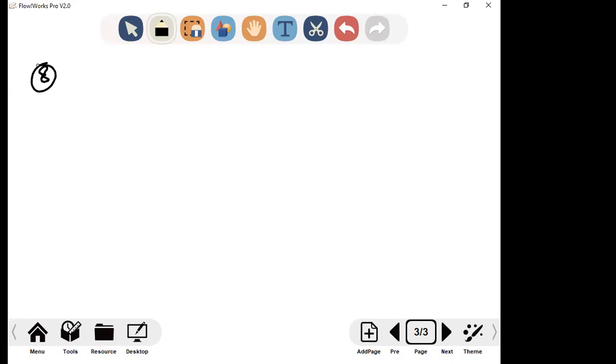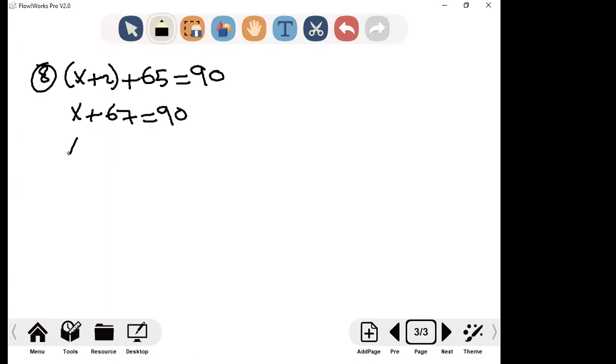Question 8, we have also equation x plus 2 plus the 65, both equal what? 90. 2 plus 65, x plus 67 equals 90. X equal 90 minus 67, x will be 23, right?